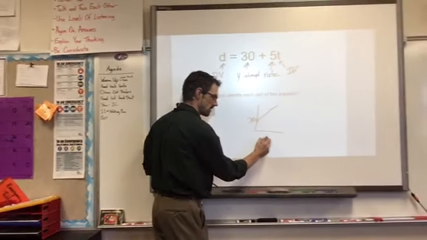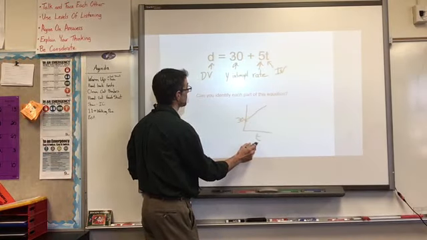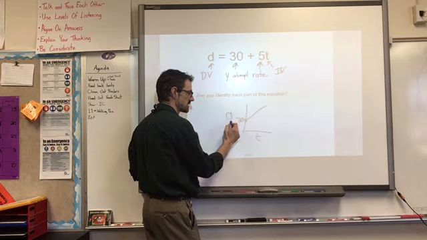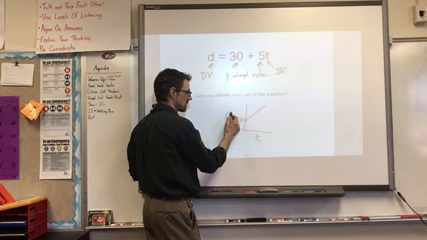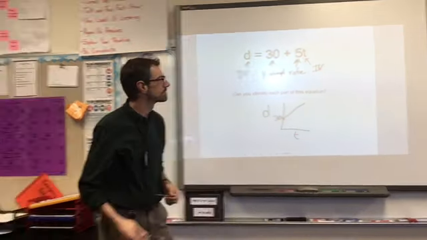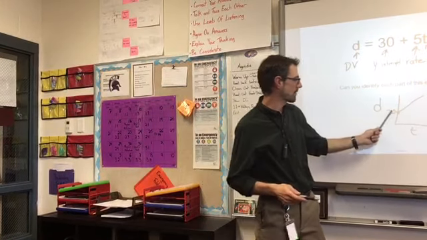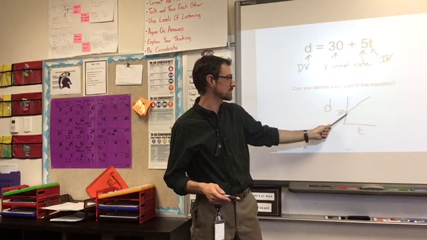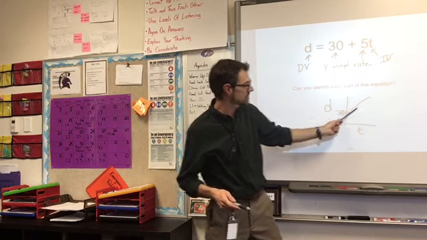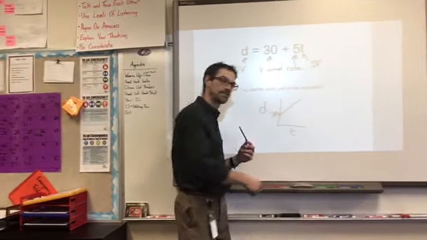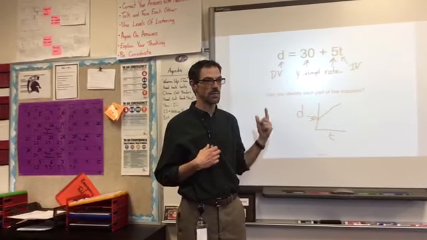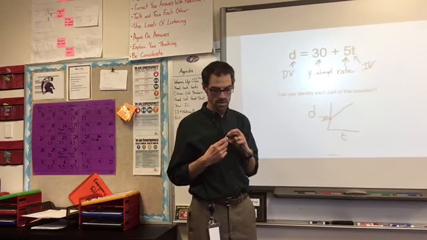My t, which is my independent variable, and my d, distance, would be over here. This graph would look like this because my y-intercept tells me this is where it starts and it's going up. Questions about that? Okay.